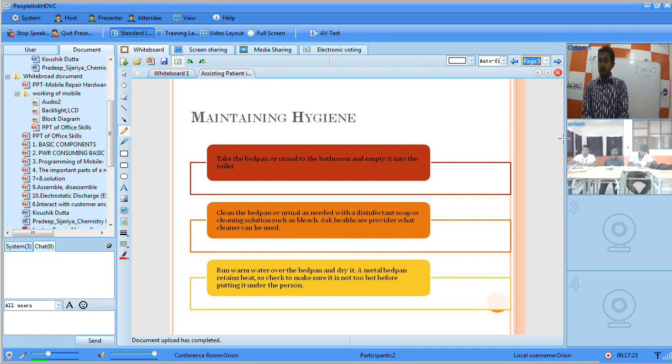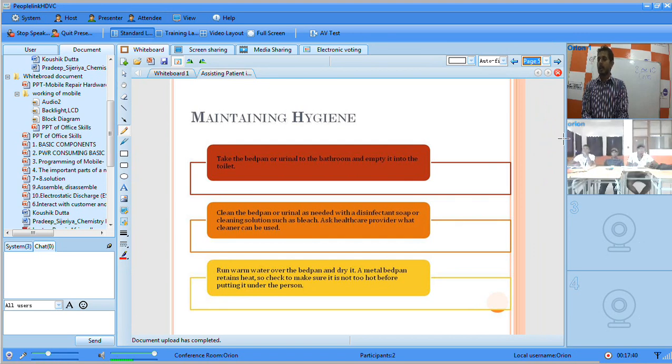So in this process also you need to maintain hygiene according to the rules and regulations. Take the bedpan or urinal to the bedroom and empty it in the toilet.